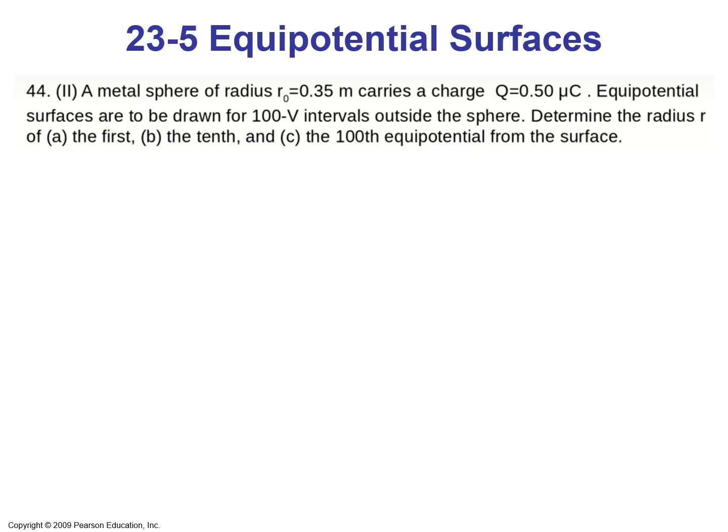To solve this problem, we should refer to some prior knowledge. We know that the potential at the surface of the sphere is equal to 1 over 4 pi epsilon naught, Q over r naught.